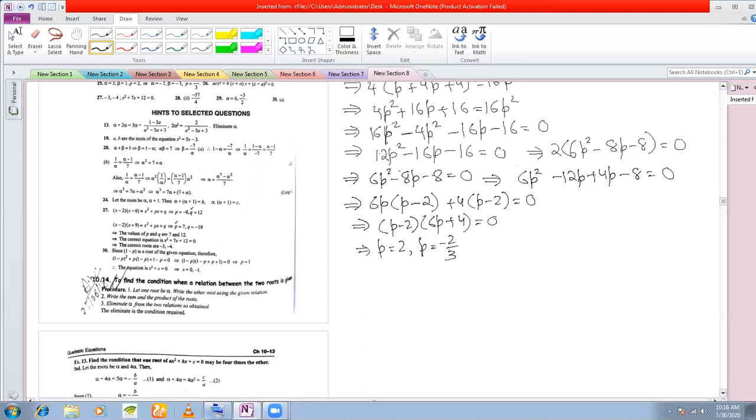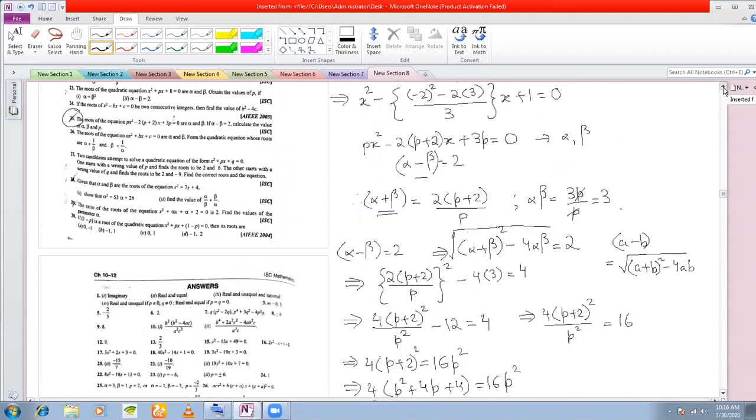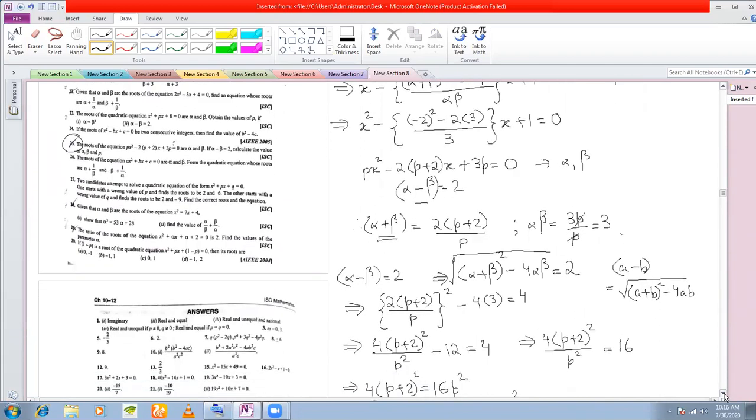You have got the value of p. Now we want to find out the value of alpha and beta. How do you find out the value of alpha and beta? There are two ways. First, you substitute the value of p.